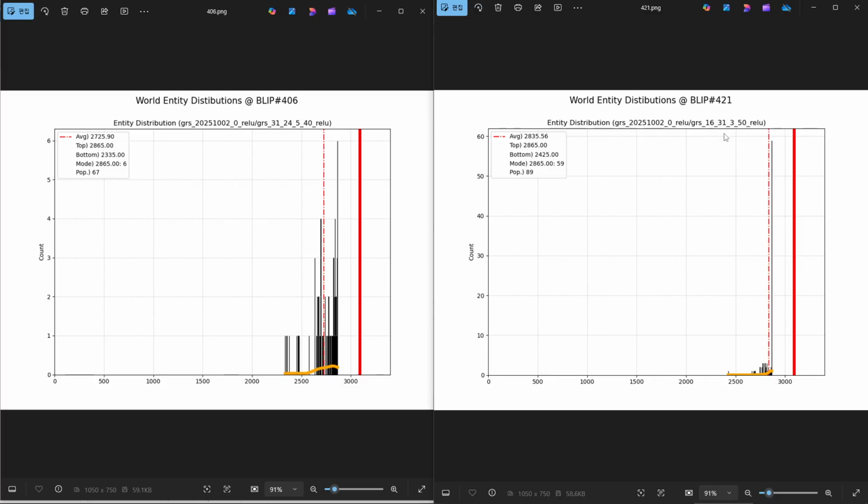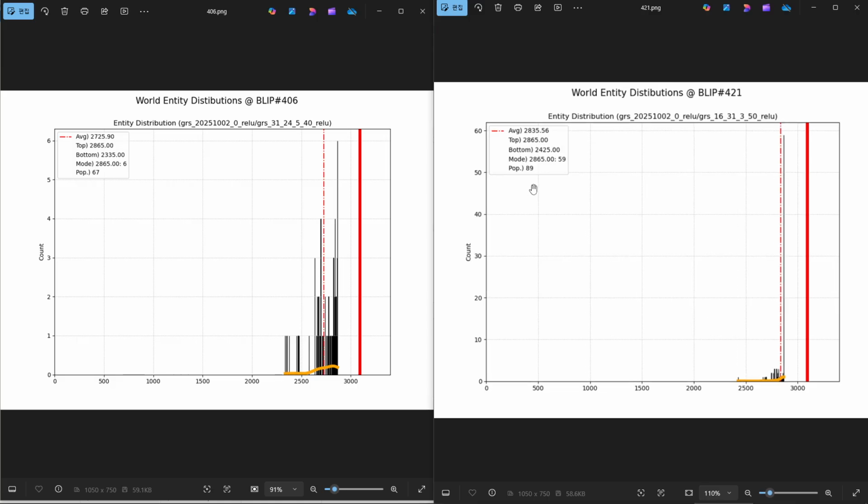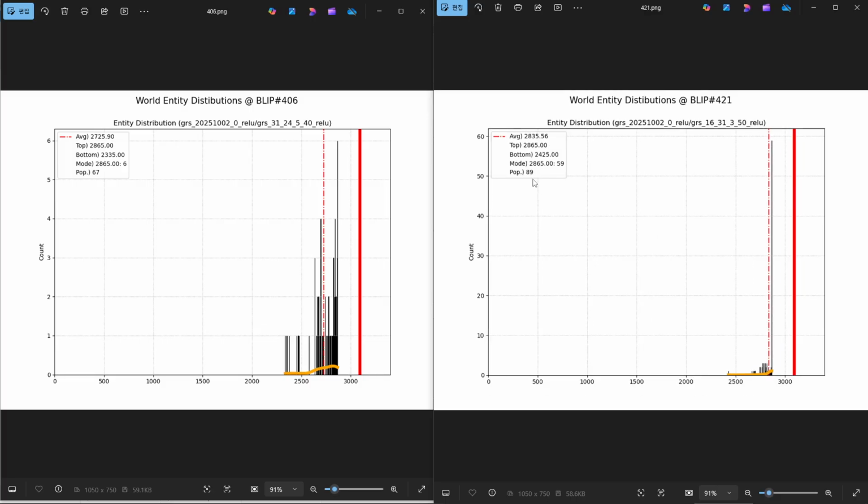That's true. And that's why on the right is more converged, or rather over converged, because the population in this case was 89 and we have 59 entities sitting at the true ceiling.